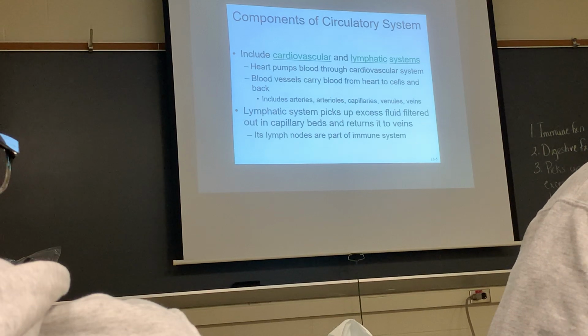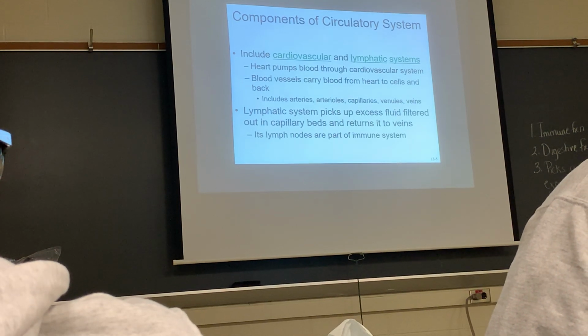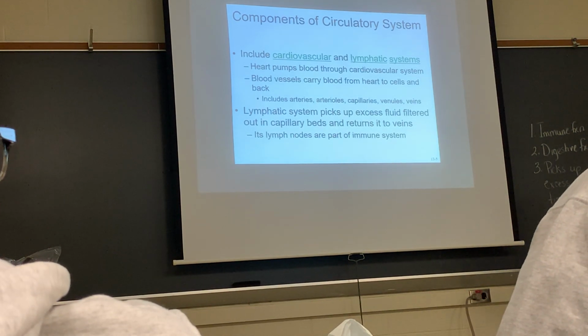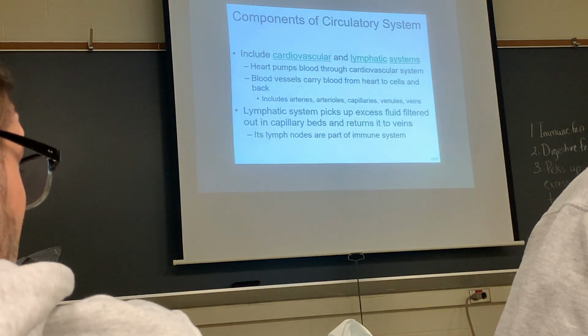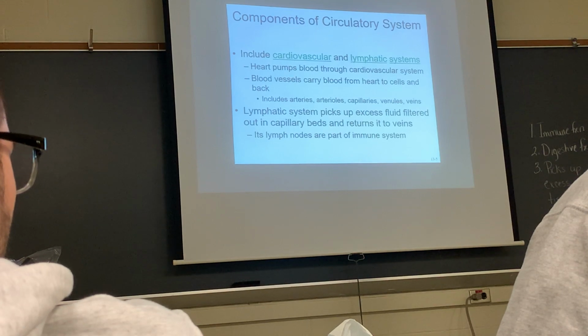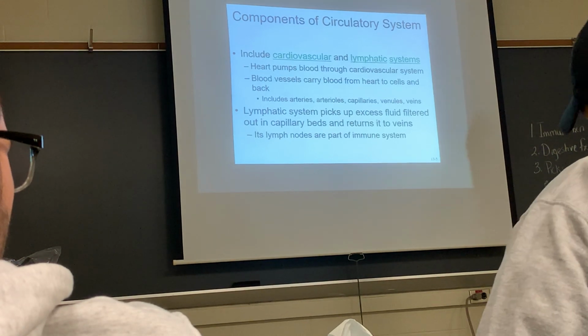So what happens is, on the arteriole side of the capillary bed, we have a high pressure, because we still have the beating pressure of the heart behind the blood on that arteriole side, right? So we have a higher pressure in the capillaries.